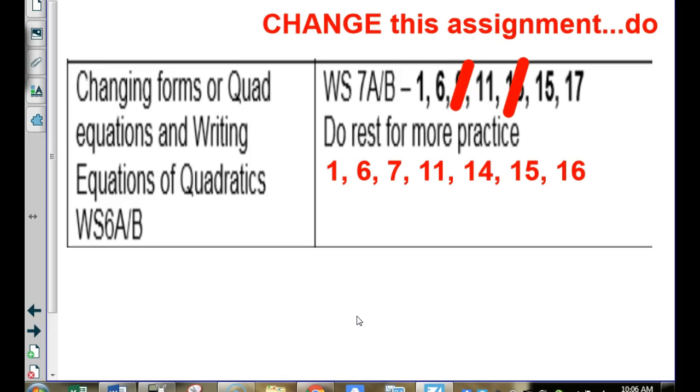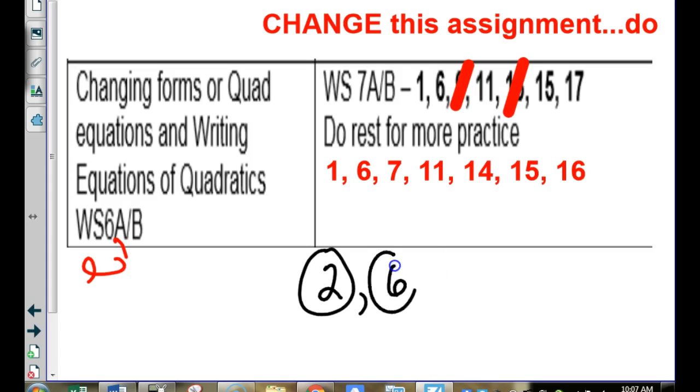Okay, I'm going to change this. I want you tonight to do, whoa, maybe I should turn my tablet the right way. Okay, I want to do 2 and 6 would be good.